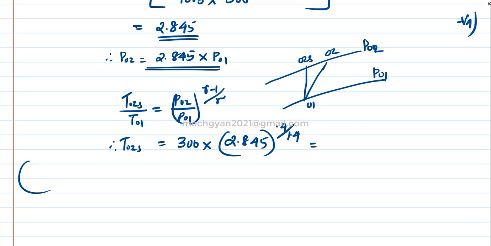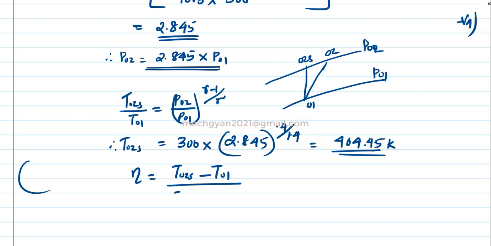So we get T02s as 404.45 Kelvin. Now efficiency is equal to T02s minus T01 by T02 minus T01, and that value is given as 90%.